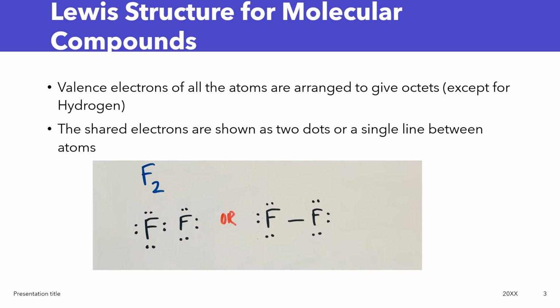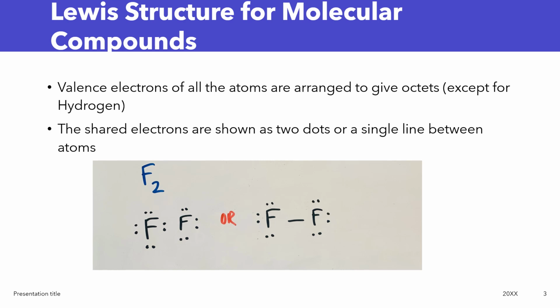Let's draw the Lewis structure for F2. Fluorine belongs to group 7A, so each atom has 7 valence electrons. That means each atom will have 3 paired electrons and 1 unpaired electron.